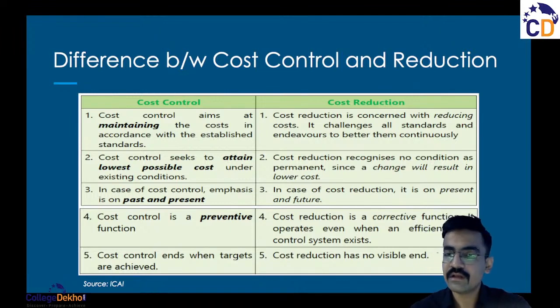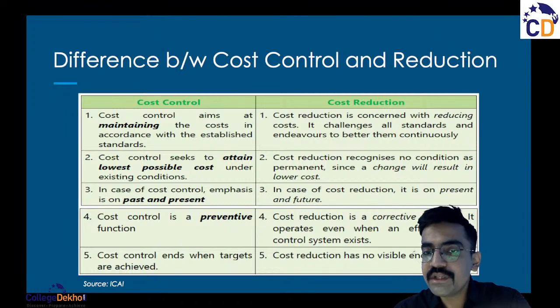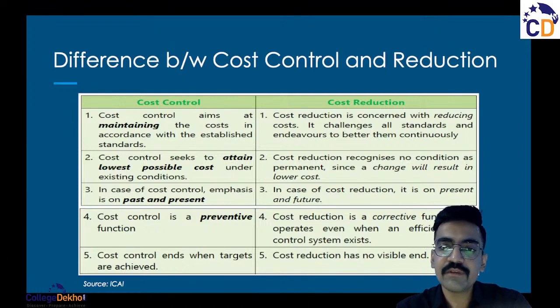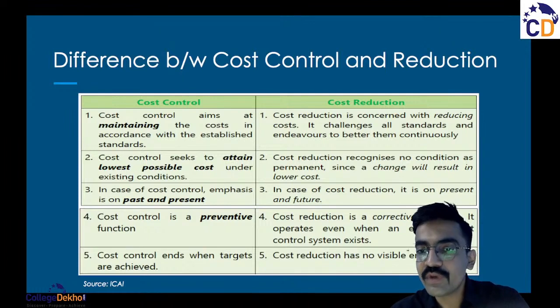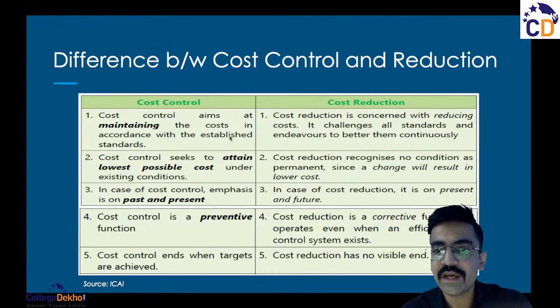Let us use an example here again: the selling price of a commodity is 100 rupees, the cost is 20 rupees, and the profit margin is 80 rupees. First of all, the company would want to hold this cost at 20 rupees, because that is the standard established by the management.